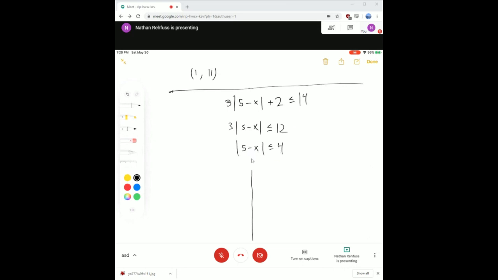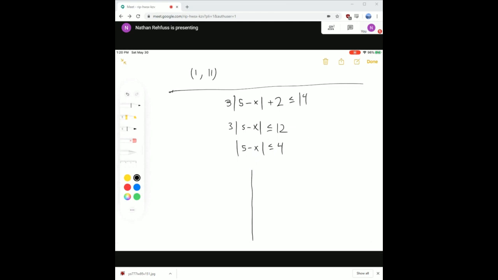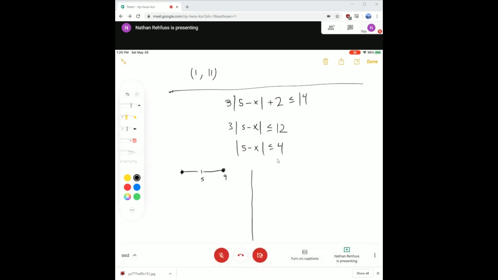The distance between 5 and x is less than or equal to 4. So here's 5, that's the post. We'll tie our 4-unit long leash to that post, so it could go up to 9 or down to 1. And we're putting closed circles there because there's a less than or equal to sign. This isn't a strict inequality.